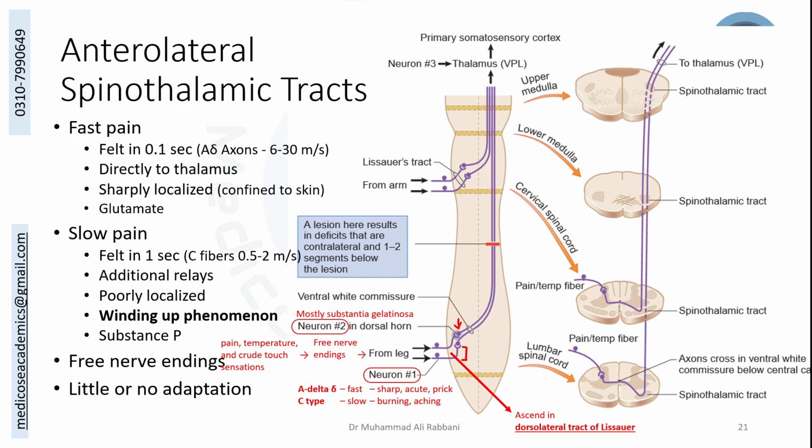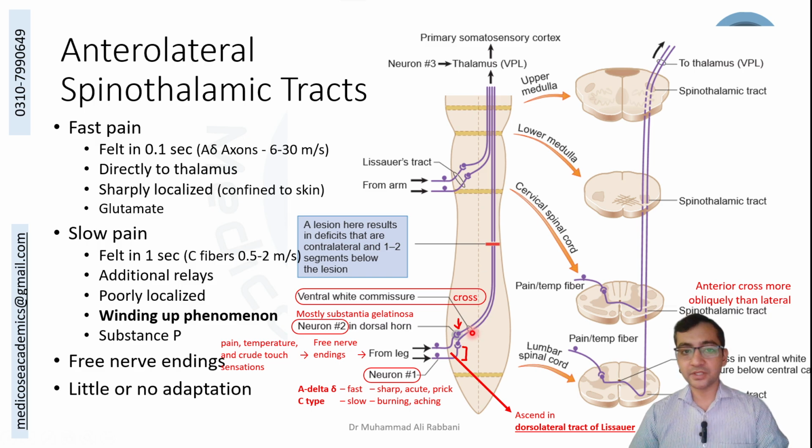But let's keep this simple, and from now onwards, this is the second order neuron. So what about the second order neuron? We remember that the axon of the second order neuron always crosses. It is shown right here. Immediately after exiting the second order neuron, it crosses the midline.